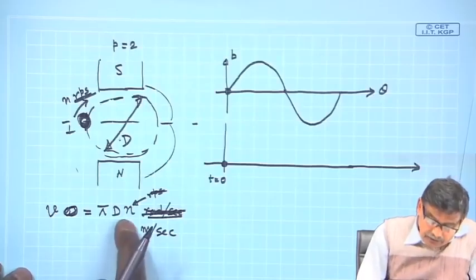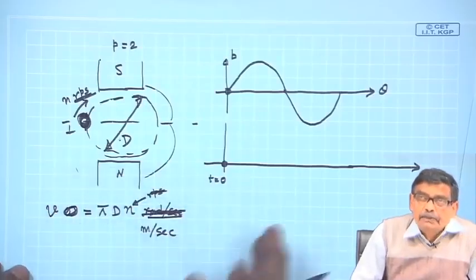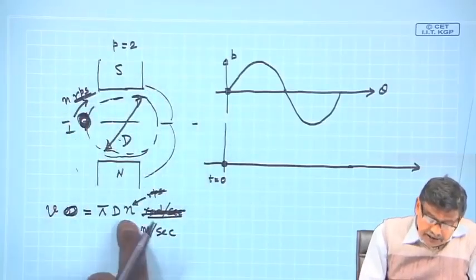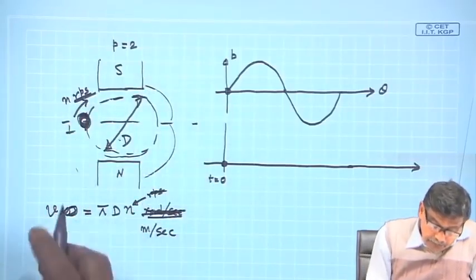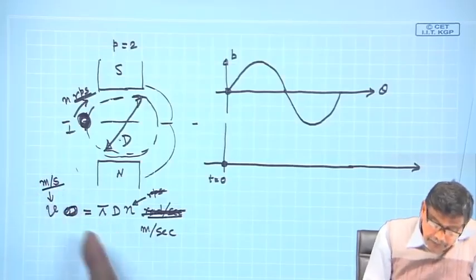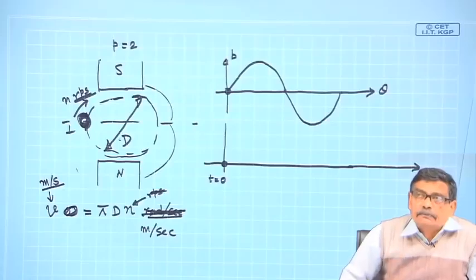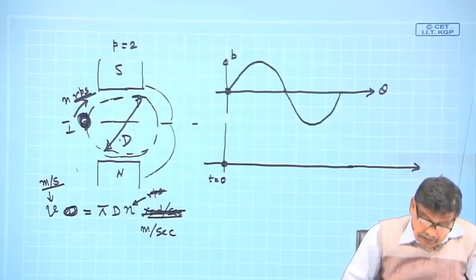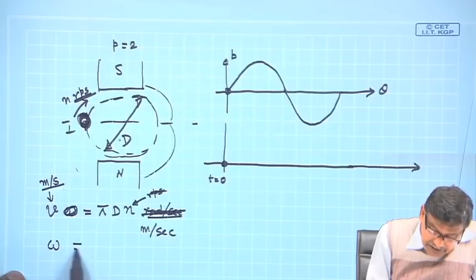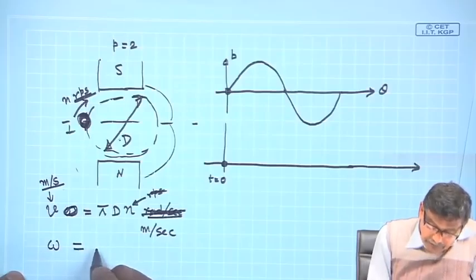See, in 1 second, one rotation means pi d meter the conductor moves. In 1 second you are making n rotations. So, velocity in meter per second will be pi d into n, that is all. And omega, the speed in radian per second, will be how much?